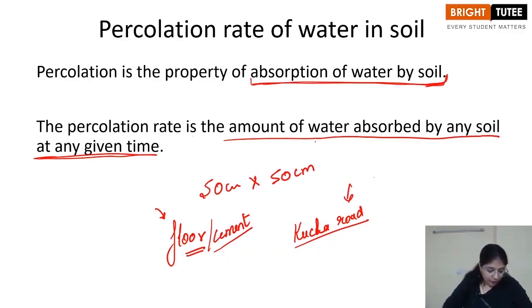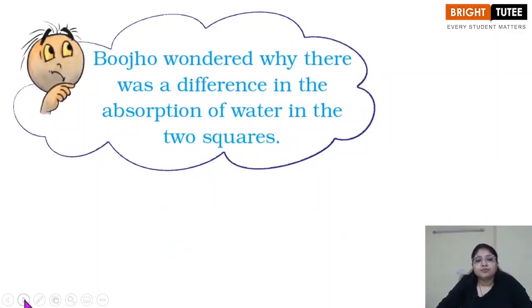Now we are going to answer the question that Bujo is asking: why is there a difference in the absorption of water in the two squares? The square we took on the floor was made up of, maybe, marbles or tiles, or even a cemented floor.